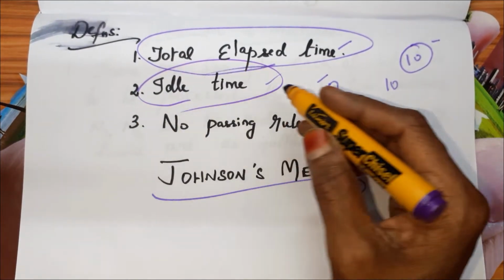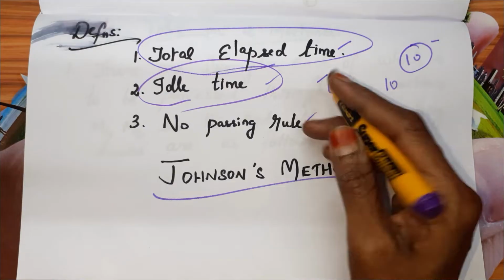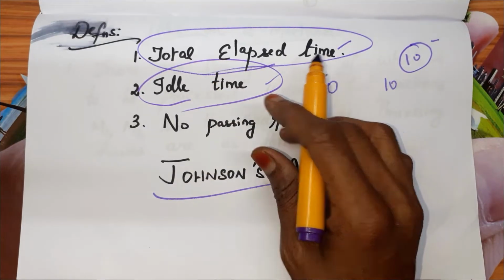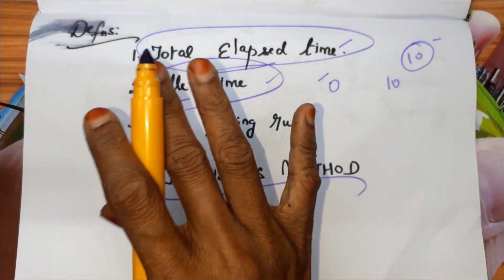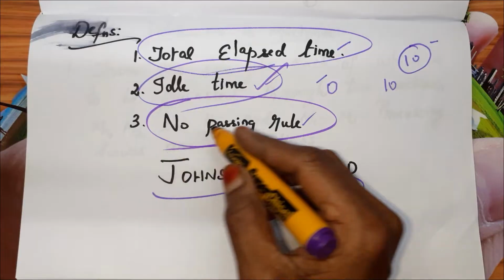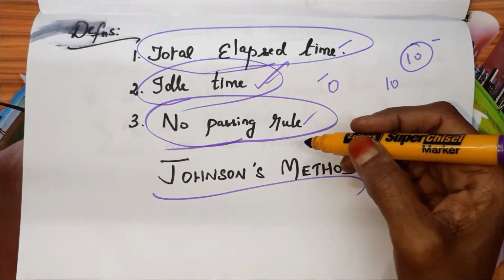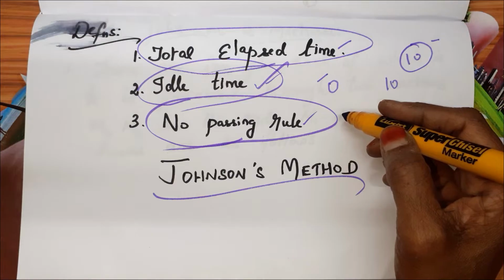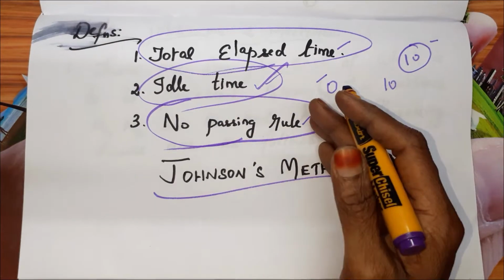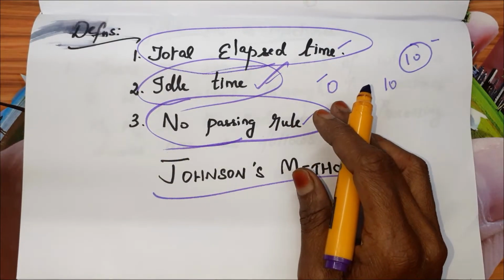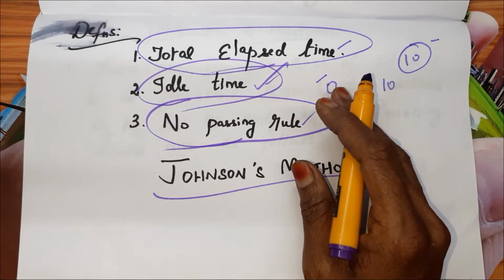Idle time means the total time during which the machines are idle, that is, there is no job for the machines. And the no passing rule means, as in the previous example where the first one is printing and the second one is binding, the order in which we have to process the jobs is given. That is called the no passing rule. So in that order only we have to pass.